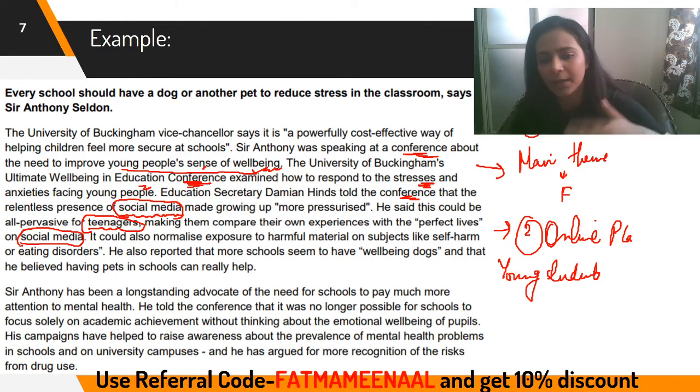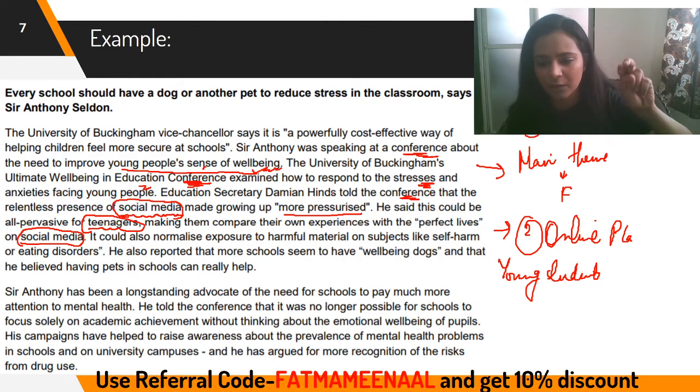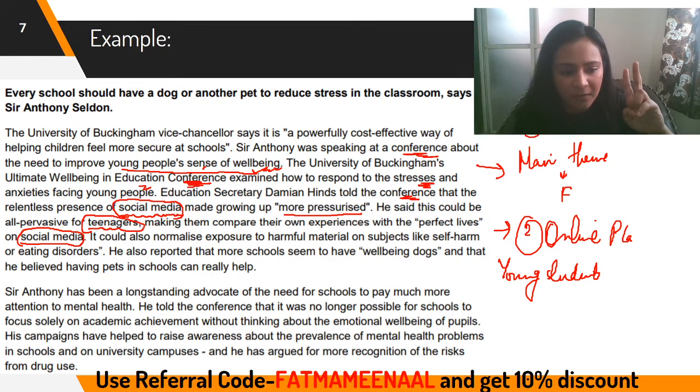And depending on that, I'll read it further. Okay. So let's see. Education Secretary Damien Hinds told the conference that the relentless presence of social media made growing up more pressurized, right? So it's kind of giving me a negative effect. Let's see. He said this could be all pervasive for teenagers, making them compare their own experience with perfect lives.